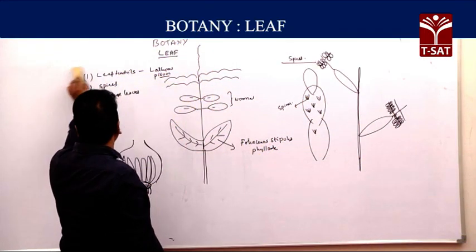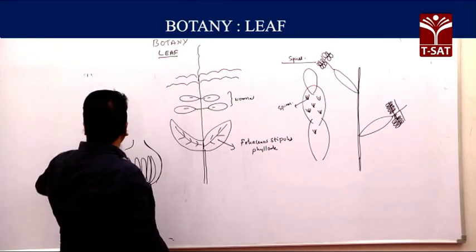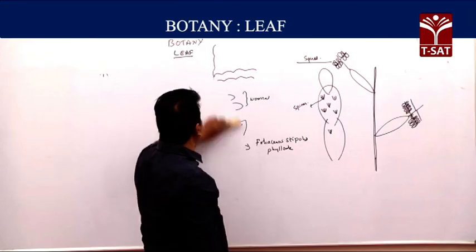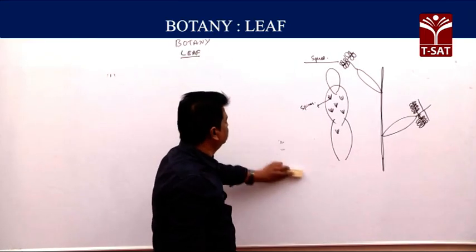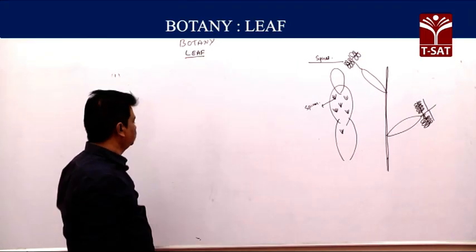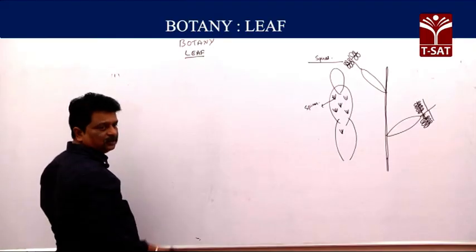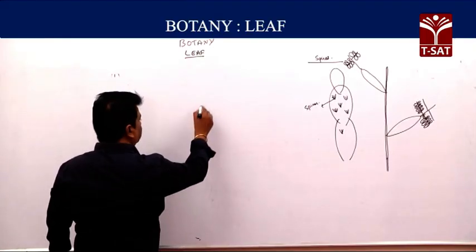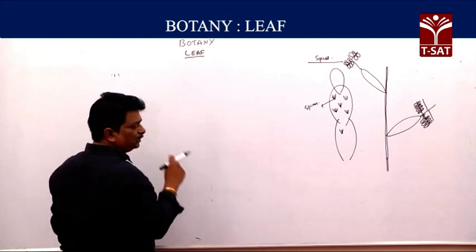Reproductive leaves. In some plants, buds are present on leaves, called epiphyllous buds.